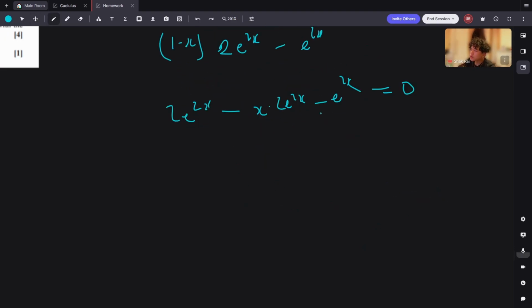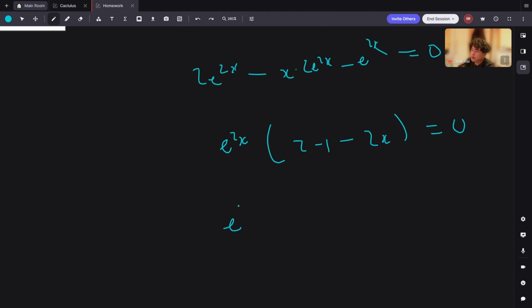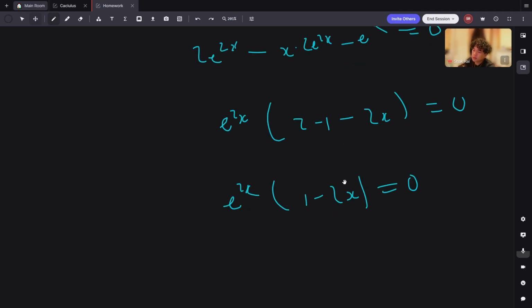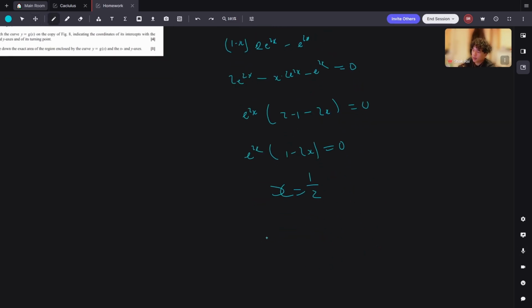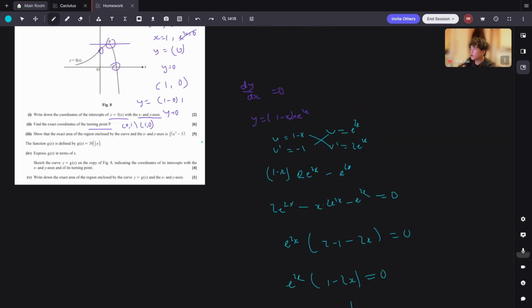So from here, essentially we know that everything's in terms of e to the 2x, so we just put this together. So you have e to the 2x times (2 minus 1 minus 2x) equals 0. So e to the 2x times (1 minus 2x) equals 0. So x equals a half is when this equals 0. So what does y equal when x equals a half?